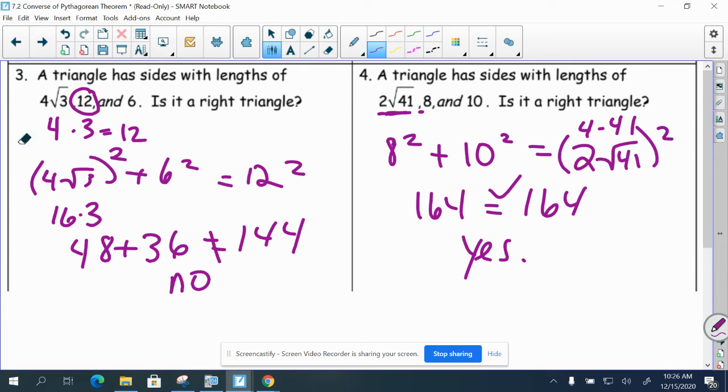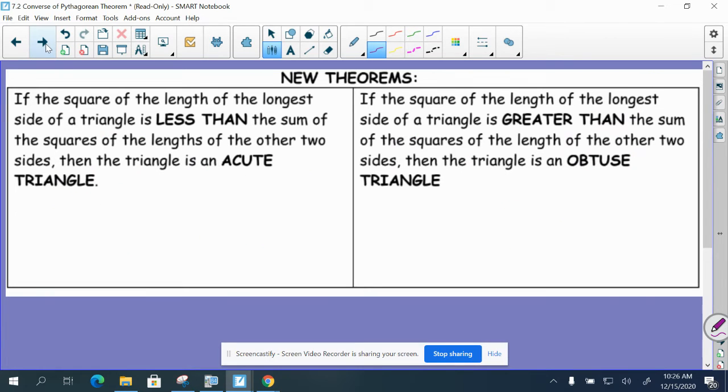All right, so if number 1 and 2 don't make a right triangle, what kind of triangle do they make? So the next two theorems talk about how to tell if it's going to be an acute triangle or an obtuse triangle if the Pythagorean theorem doesn't work. So if the square of the length of the longest side, which is basically your hypotenuse, okay, so if your hypotenuse squared is less than the other two sides squared, then it's acute.